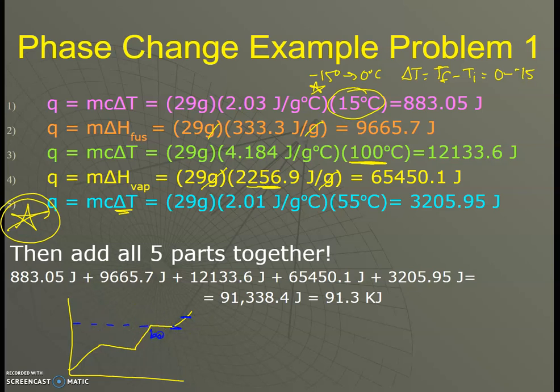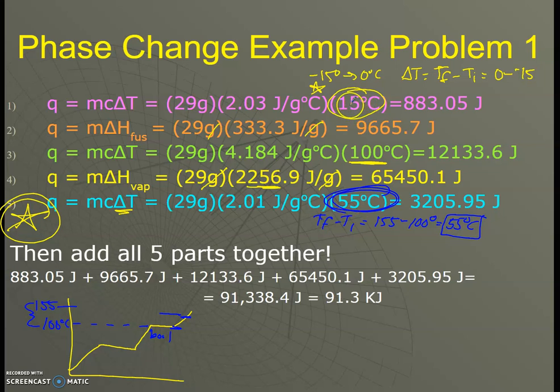Remember, this is where you boil, so this is 100 degrees Celsius. If you are going to 155, you only want the temperature range right there. So TF minus TI gives me 155 minus 100, and that is just 55 degrees. So don't make it 155, make sure it is 55. Don't make it negative 15, make sure it is 15.